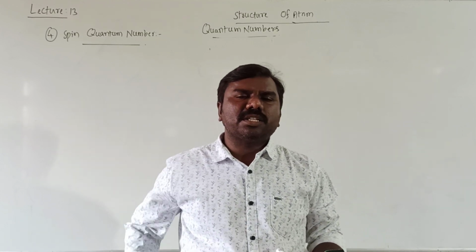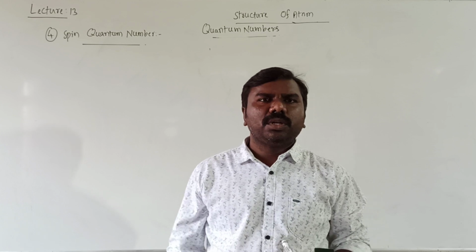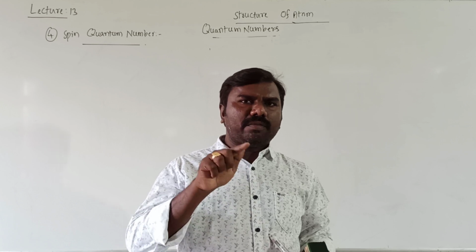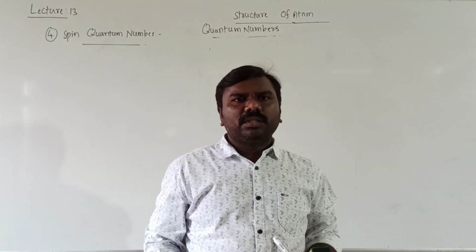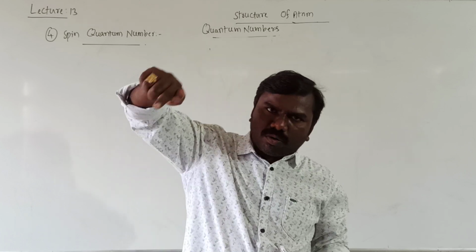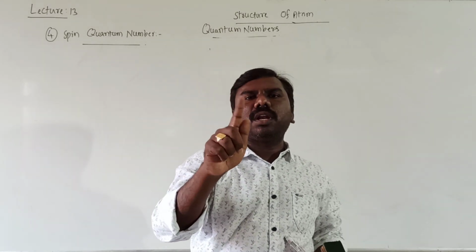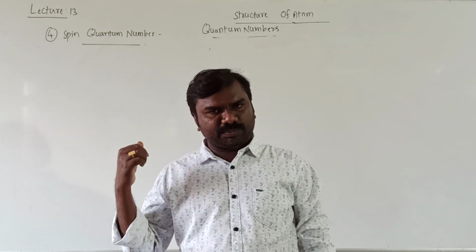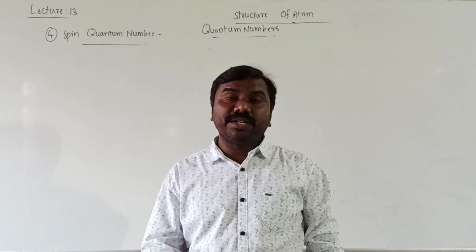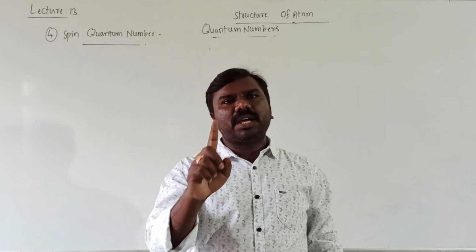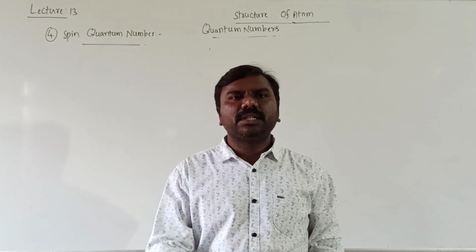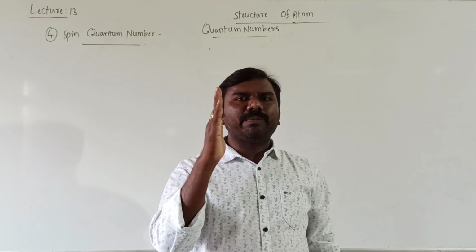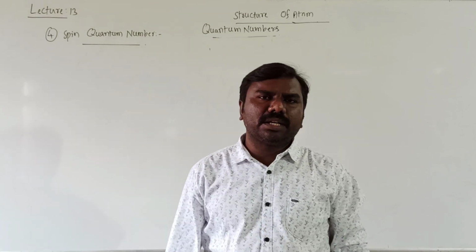It represents the spin of the revolving electron. Two motions are there: the electron revolves around its own axis and revolves around the nucleus. So it represents the spin of the electron on its own axis. If it is clockwise direction, that is plus half, anti-clockwise direction minus half. Clockwise is indicated by upward, anti-clockwise by downward.